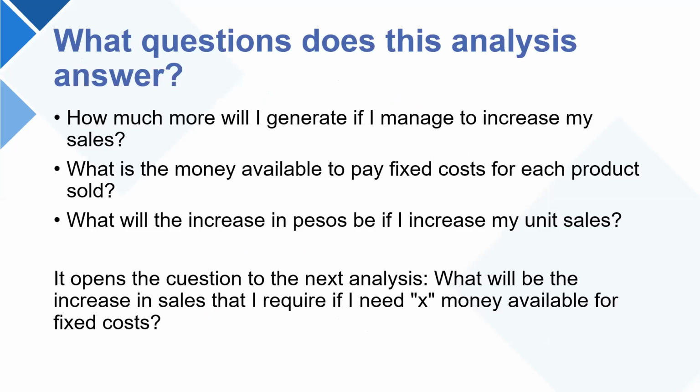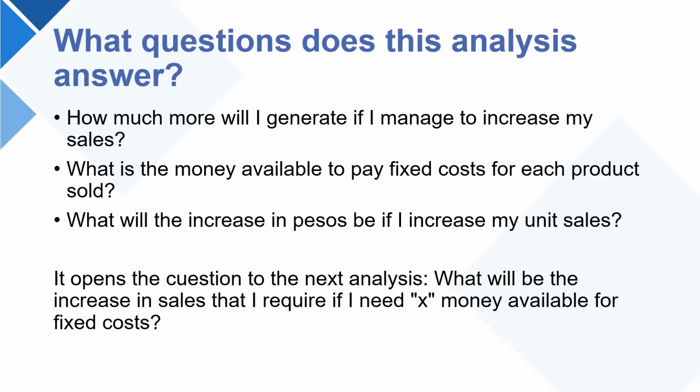And some of you guys actually did the check of the unit contribution margin by multiplying the sales units times that 9 contribution margin. That actually is how much money you will get if you increase your sales. How much extra money would you get if you increase your sales?